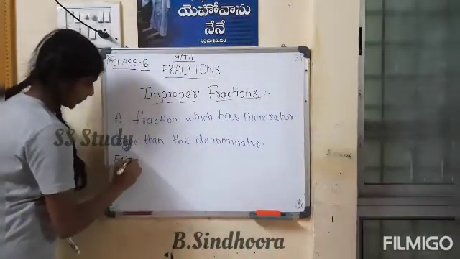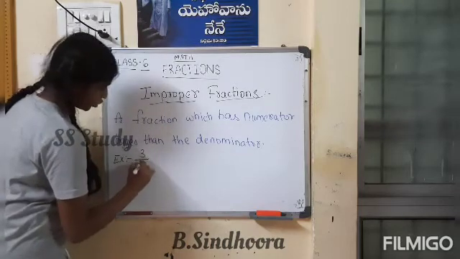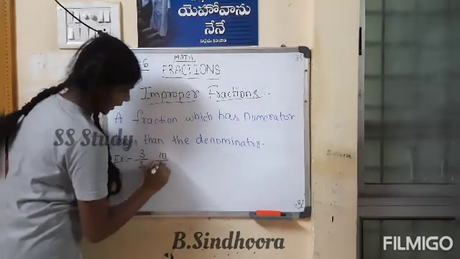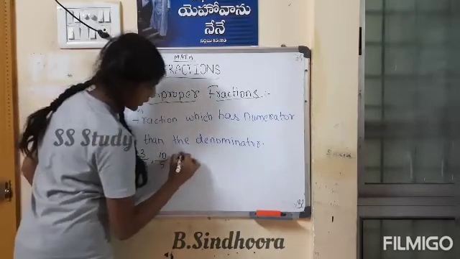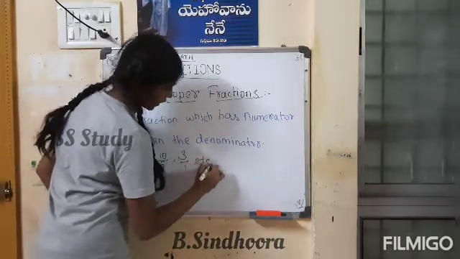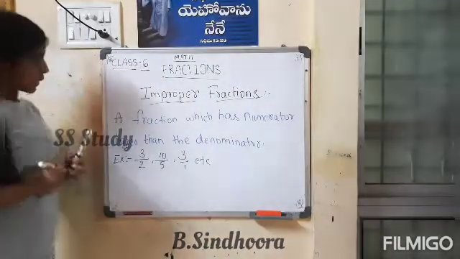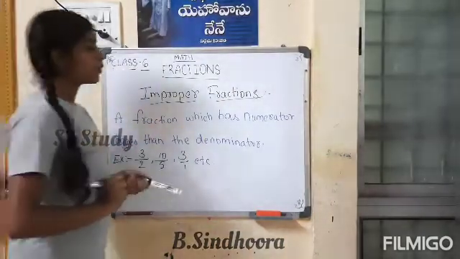Example, 3 by 2, 10 by 5, 3 by 1, and etc. You can take your own. So this is about improper fractions.